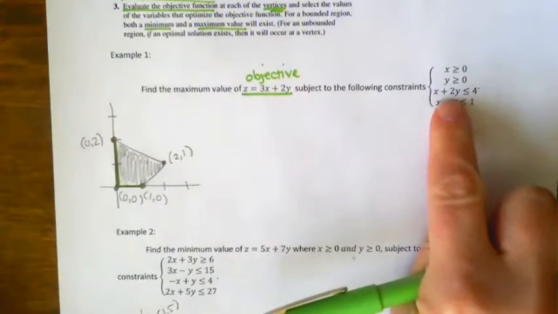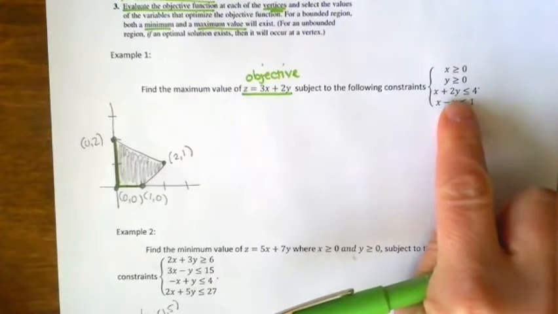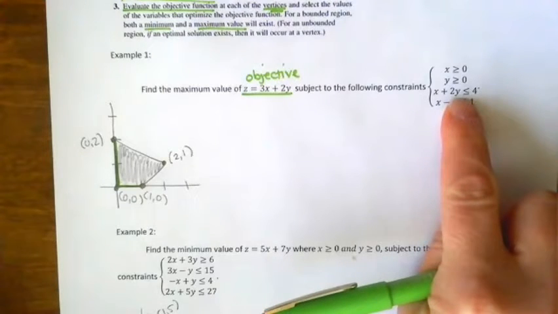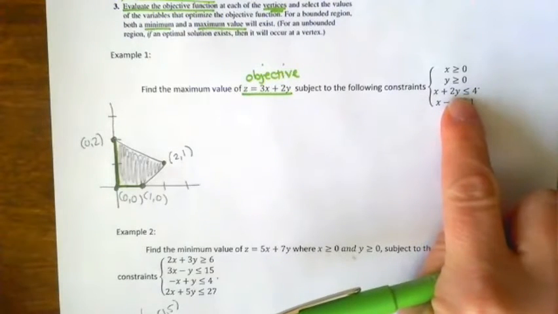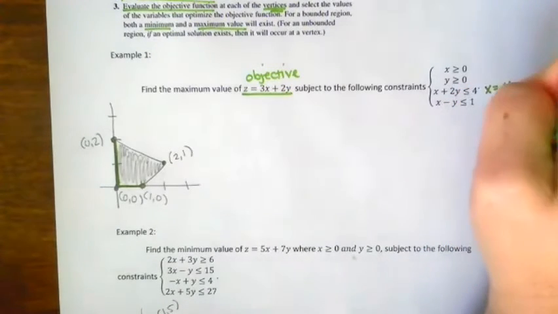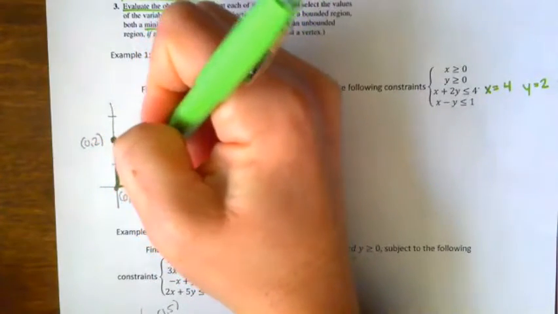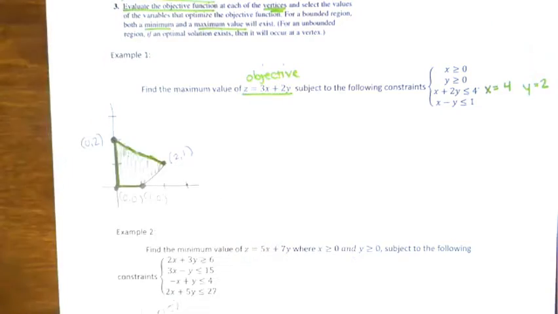Now, x plus 2y is less than or equal to 4. You could either put it into slope-intercept form, or you can find your intercepts and go from there. My x-intercept is 4 and my y-intercept is 2. So we graph it, and this would be that line here, less than or equal to, below.